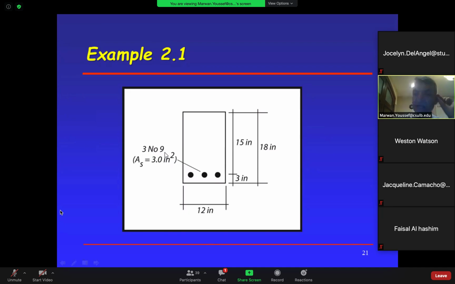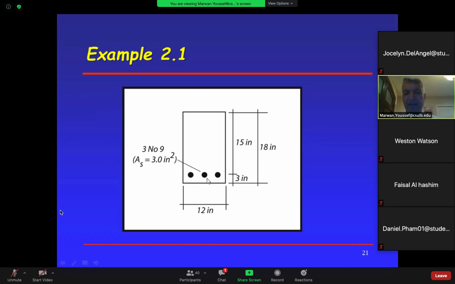Now 3 number 9 bars, we're going to start doing this now. If you go to the back of the book, you will see a table where you can find the area of steel for 3 number 9 bars. It's going to be 3.0 square inches. Of course, we cannot put the rebars at the very bottom, because we need some concrete underneath to provide a cover, to protect it from moisture, salt, wind, all the environmental impact.